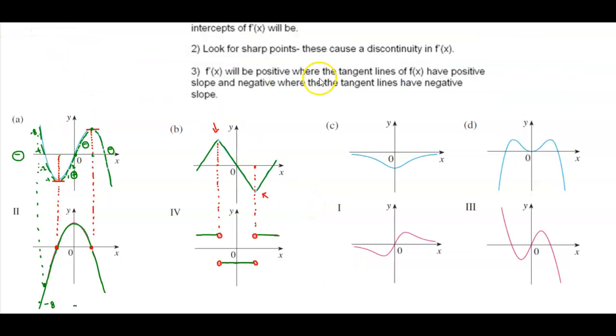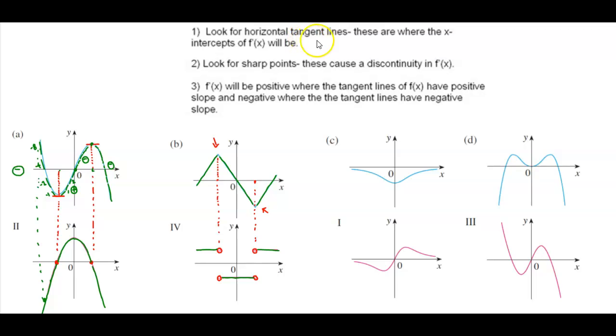So for part C, again, we want to determine any horizontal tangent lines. So we have a horizontal tangent line, which is right there, and that's going to be the x-intercept, and that is the x value of 0. So therefore, there is our x-intercept on our derivative function.